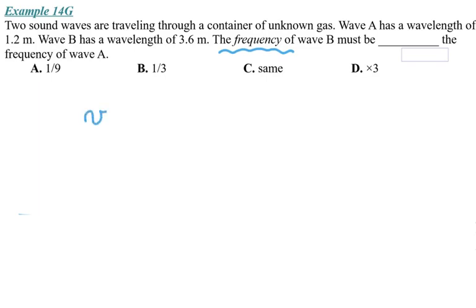So the velocity of A is equal to the wavelength of A times the frequency of A, and the velocity of B is equal to the wavelength of B times the frequency of B. Actually, let's do it this way.